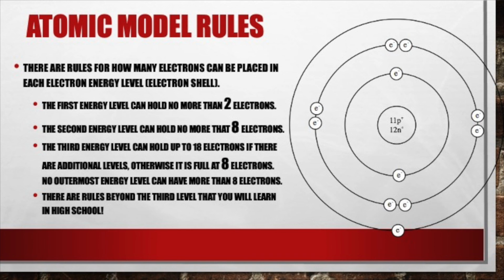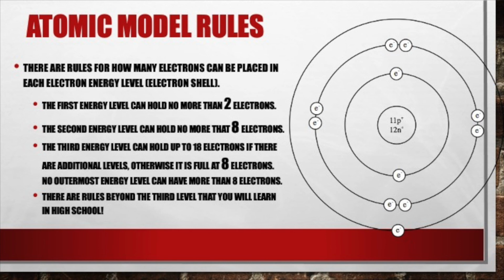So when you are drawing a Bohr model, there are some rules. The first energy level, meaning the first one from the nucleus, can only hold 2 electrons. So if you were drawing this, you can only put 2 electrons in the first one. You can put 8 in the second energy level. Then the third has some icky rules that we don't have to go too deep into for 8th grade.